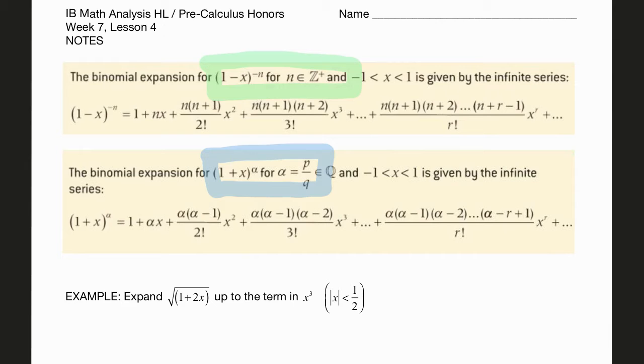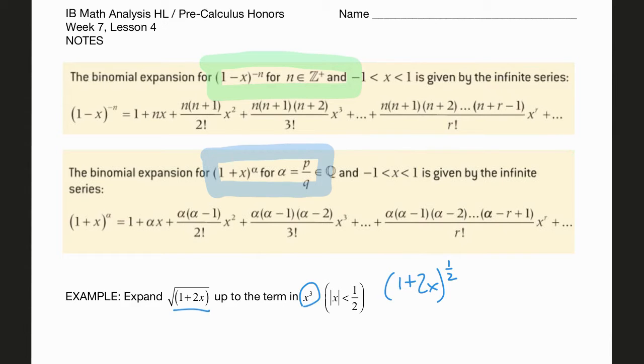Okay, so like if you're looking at this first problem where it says expand this up to the term in x cubed, right now that doesn't look like either the green or the blue. But if I rewrite it as 1 plus 2x to the 1/2, it looks like the one in blue, right? Because the exponent is a fraction.